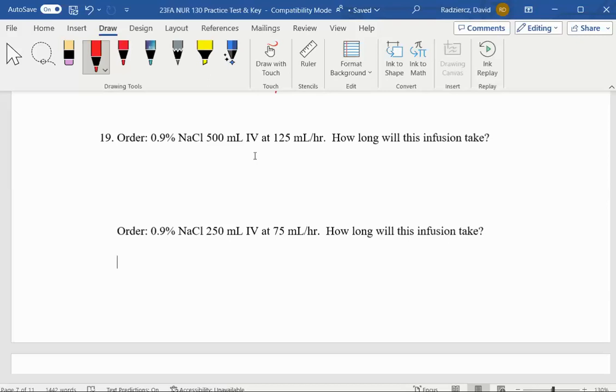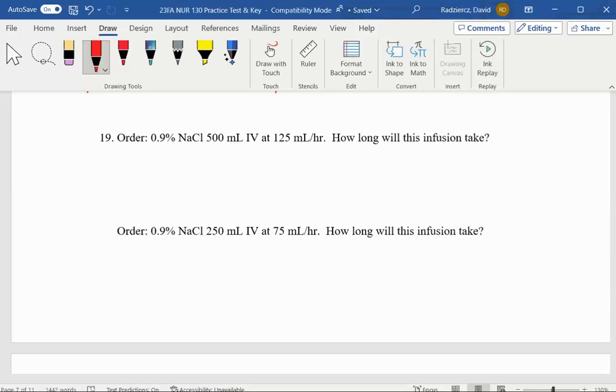We already know the infusion rate is 125 milliliters per hour, and we want to know how long it will take. Sometimes they'll be a little more specific. They'll say, how many hours will it take? What is the specific time for the start and the stop? Or they'll ask how many hours and minutes. So for this one, let's just see what it comes out to.